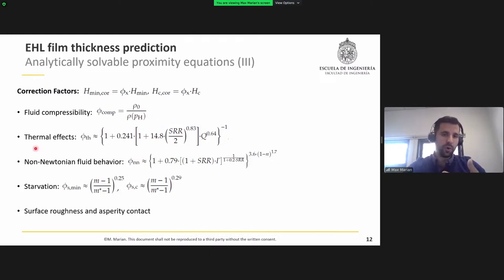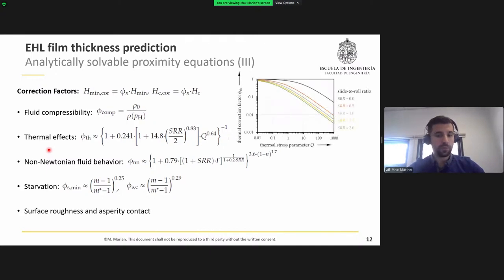The deduction of non-dimensional parameters in the film thickness equations was also based on isothermal considerations. However, if we have high speeds and high velocity differences or high slip of the contacting surfaces, there might be some local temperature that exceeds the bulk temperature of the contacting bodies and also influences the viscosity of the lubricant, and thus also the film thickness.